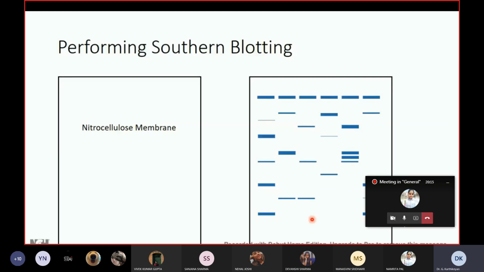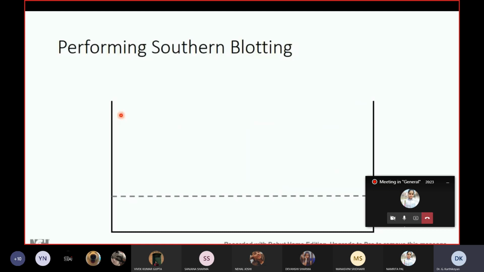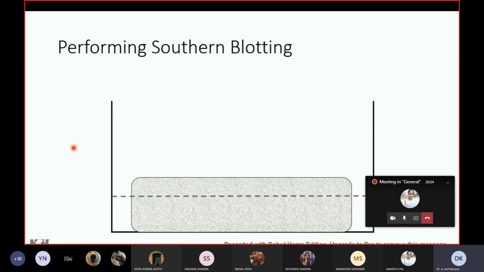Now, how can I perform the transfer step? First I should use a chamber like this, filled with buffer. The buffer is an alkaline buffer. Then I use a sponge. Then I put my gel, which contains the DNA samples inside.